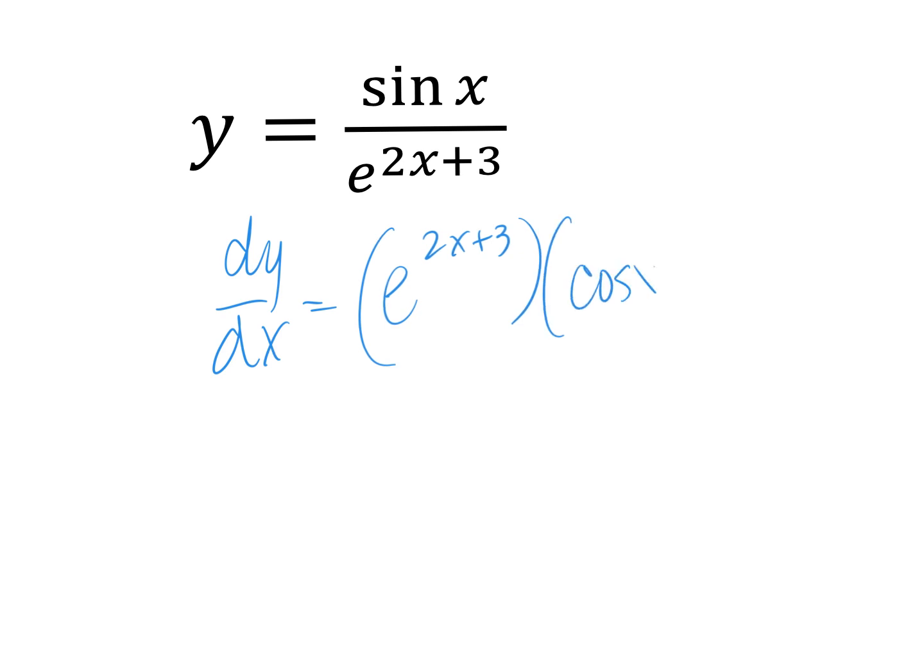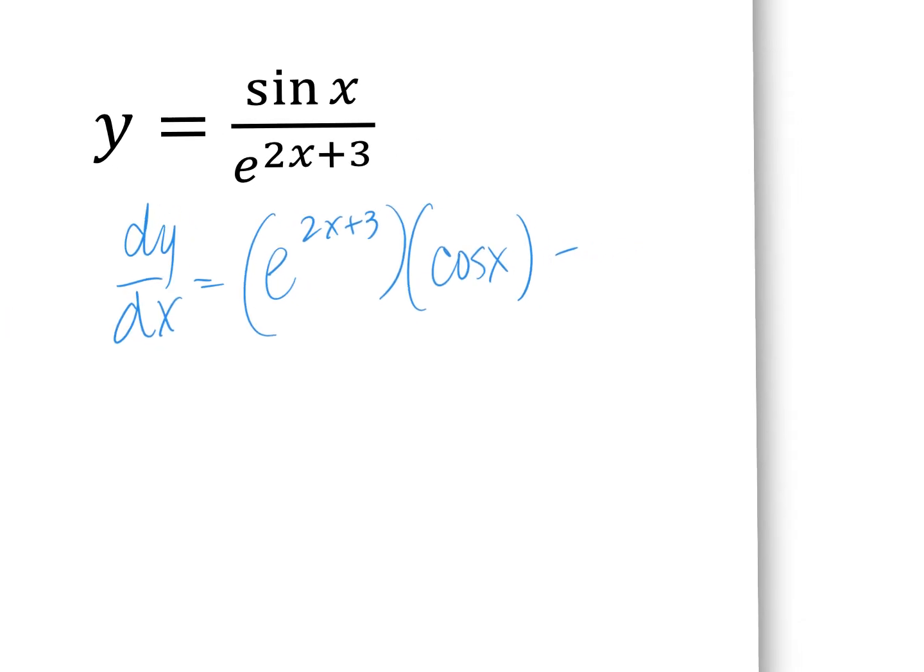Good. Low d high minus high. Whoa, my pen just got really fat. D low, we have to chain rule this because we have an outer and an inner.